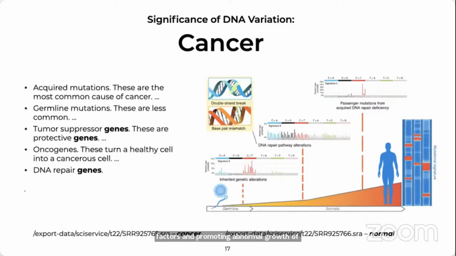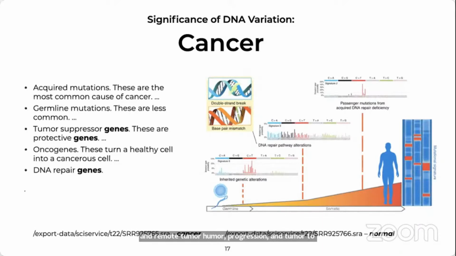And there is also another oncogene, EGFR, the epidermal growth factor receptor. Again, this will bind to many growth factor molecules and promote tumor progression and tumorigenesis in general.